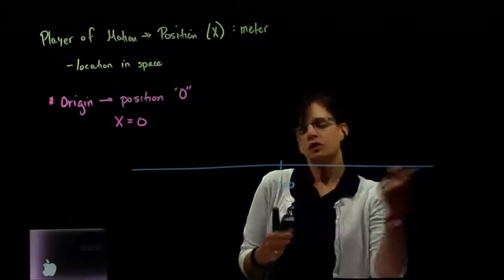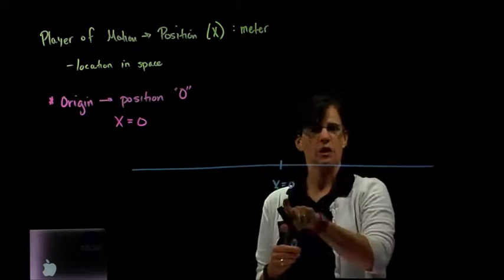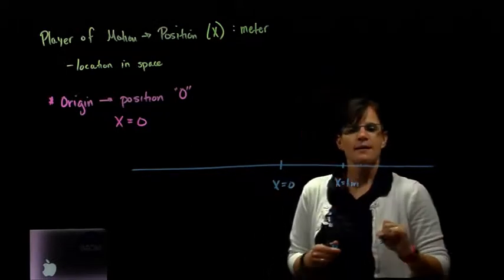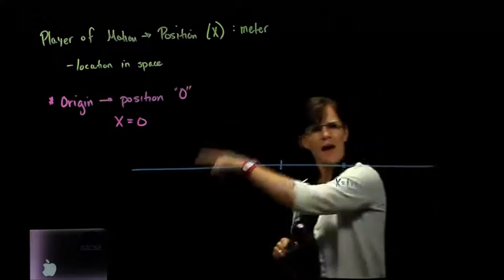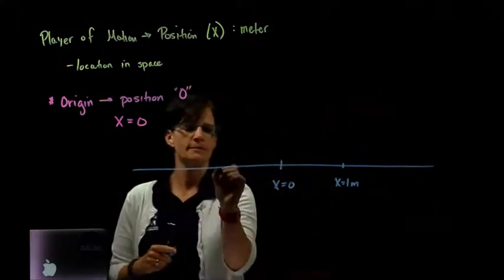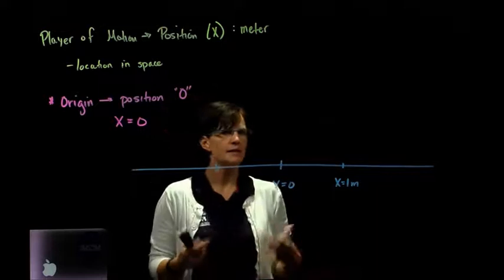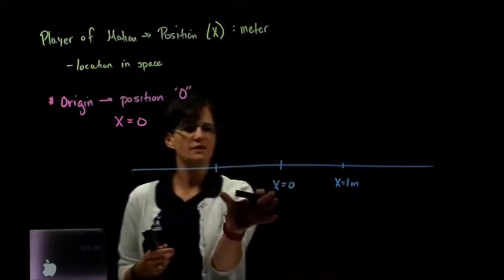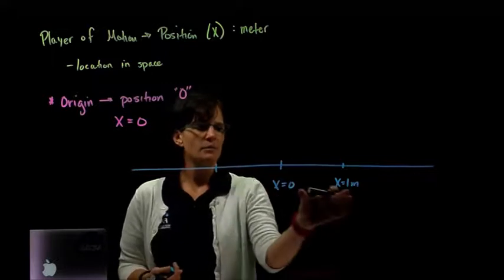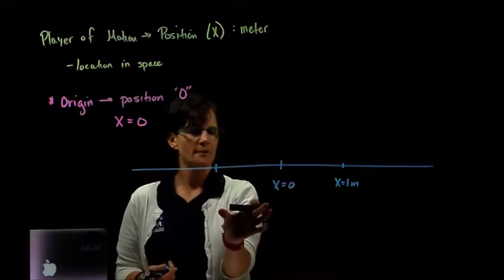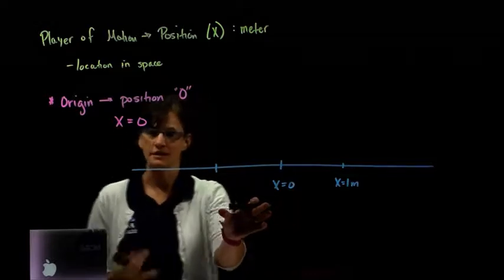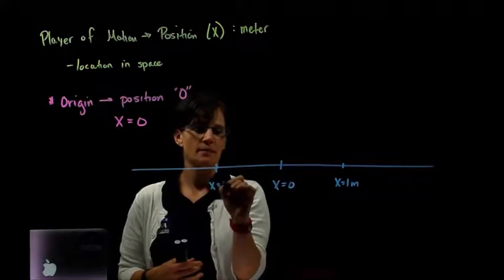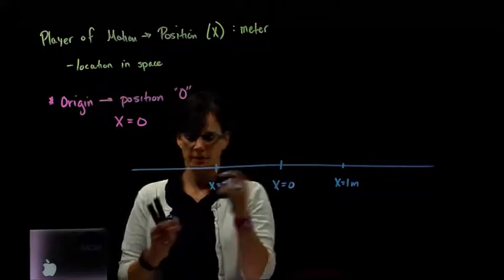If I'm 1 meter to the right of this location in the world, I am at position 1 meter. If I'm 1 meter to the left of that location, I need to be able to distinguish between 1 meter to the right and 1 meter to the left. They're the same length away, but they're very different locations in the world. I do that by using positives and negatives. If I am 1 meter to the left, I'm at position negative 1 meter.